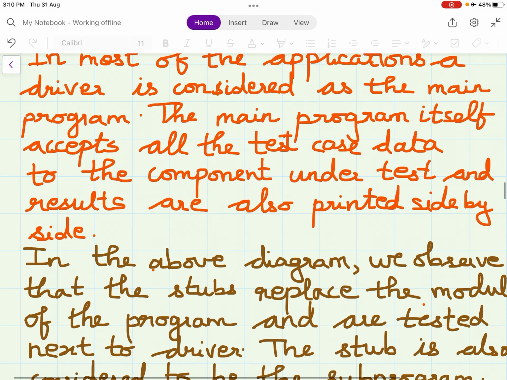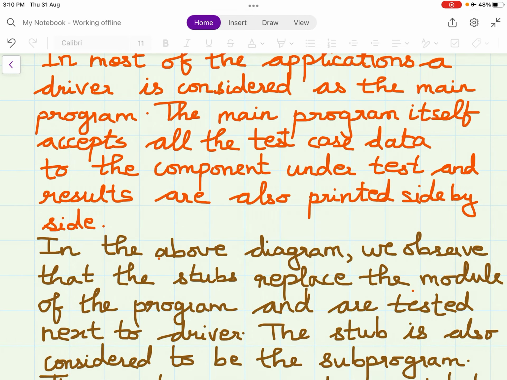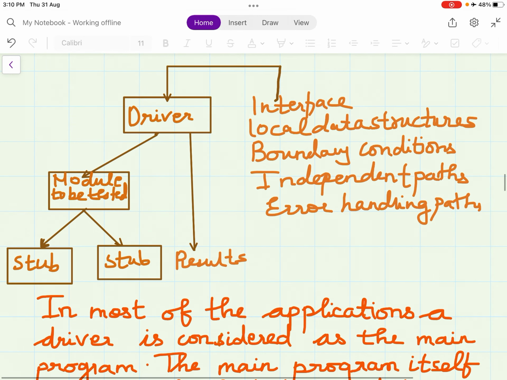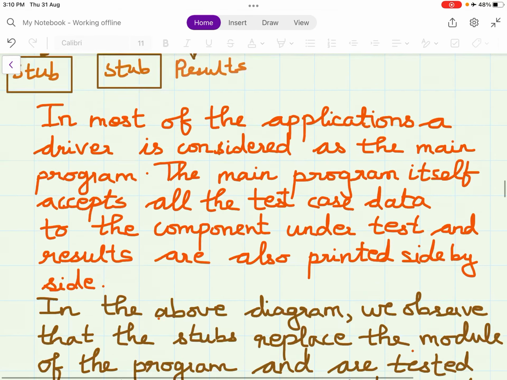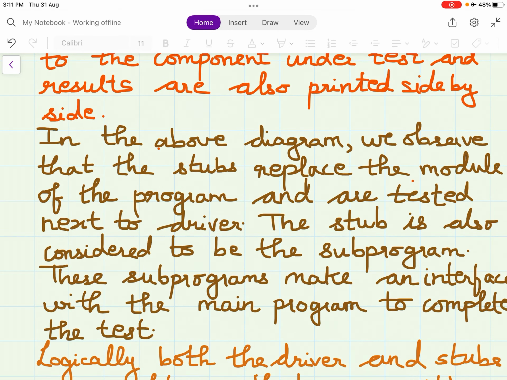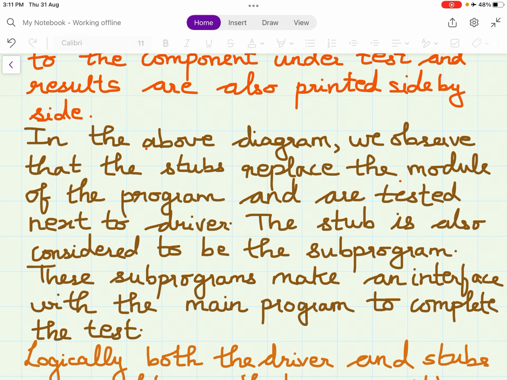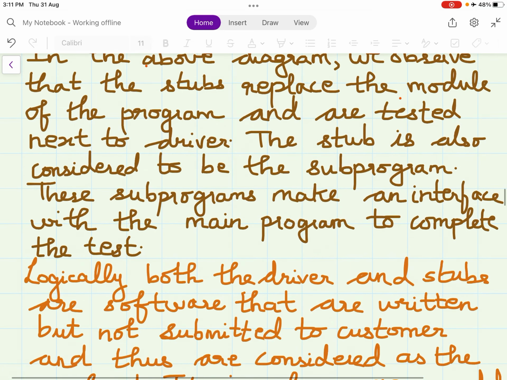In the above diagram, we observe that the stubs replace the modules of the program and are tested next to the driver. The stubs will replace the module to be tested, and they are placed next to the driver. The stub is also considered a subprogram. These subprograms make an interface with the main program to complete the test.